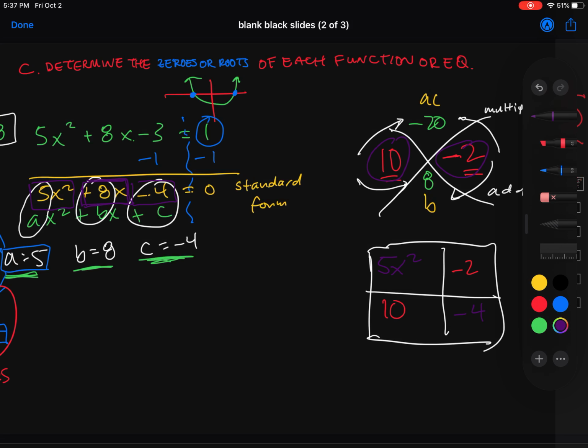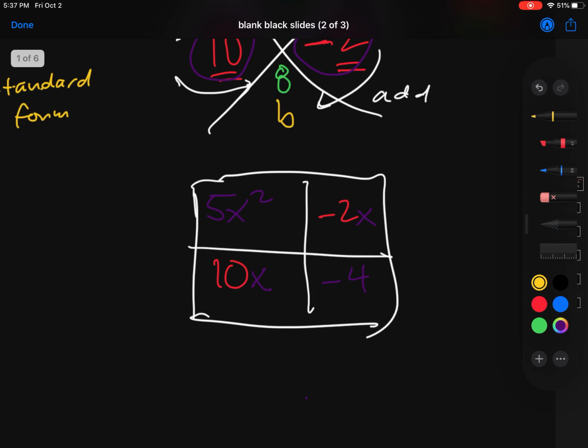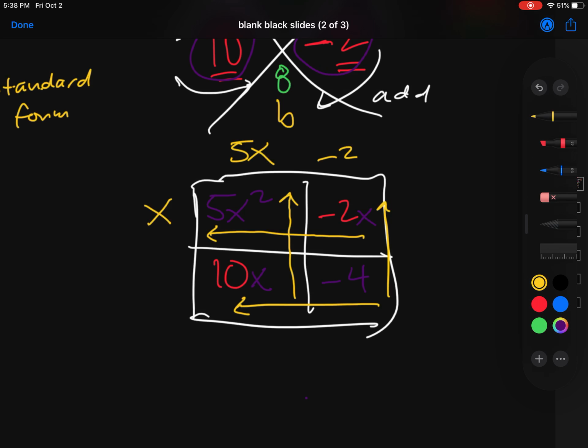So that is the reason why I add an x here and here. 10x minus 2x gives us a positive 8x. All right, let's factor here. What do they have in common going in that direction? That is an x. How about going this way? What do they have in common? They have a 5x. How about in this direction? You have a -2. In this direction, you have, I think it's a 2, but let's double check.